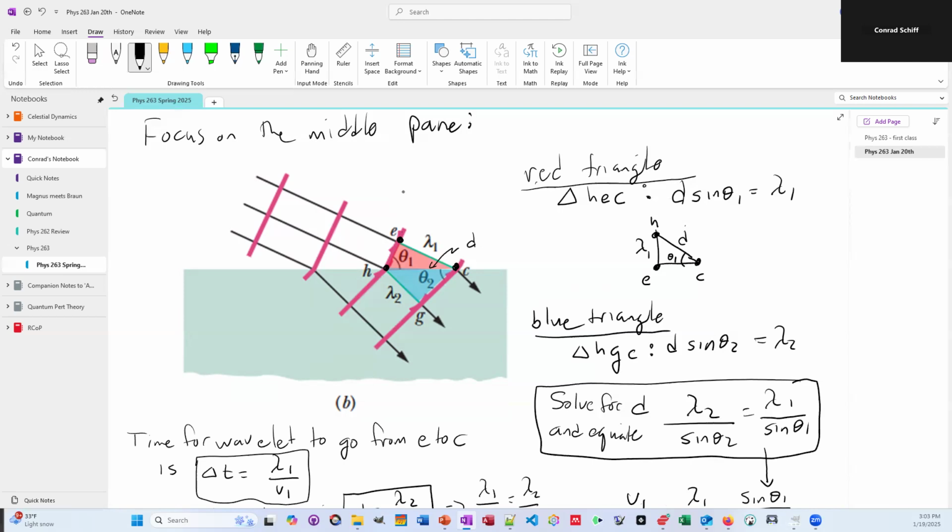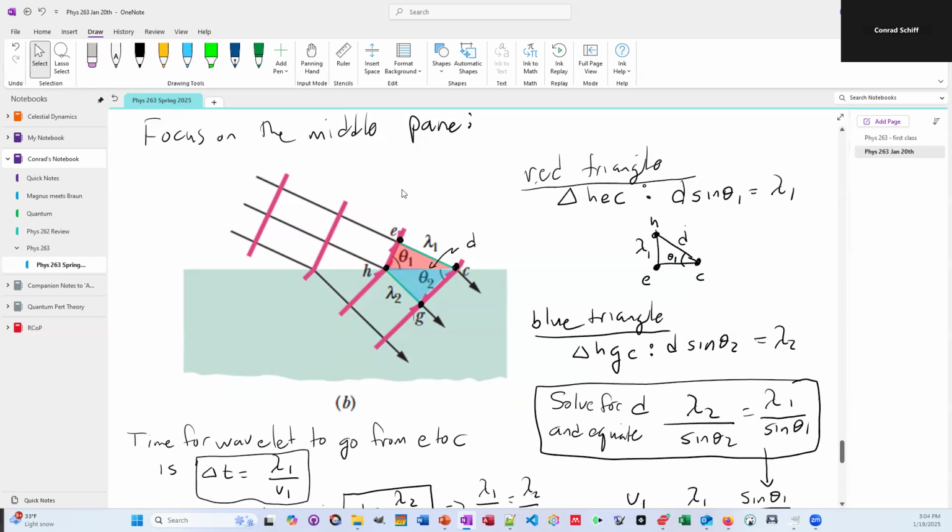And likewise for the blue triangle, which is H and G and C, you come to the conclusion that D sine theta 2 equals lambda 2. And obviously you see where this is going, but let's just take our time and get through it.